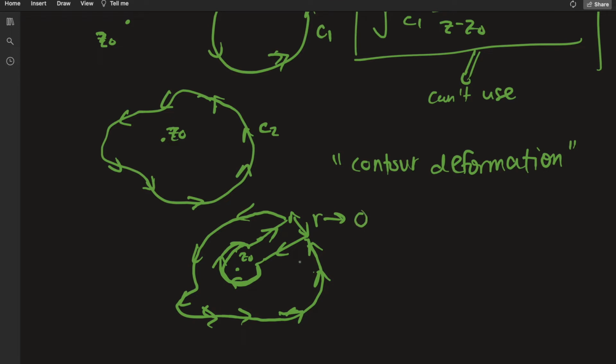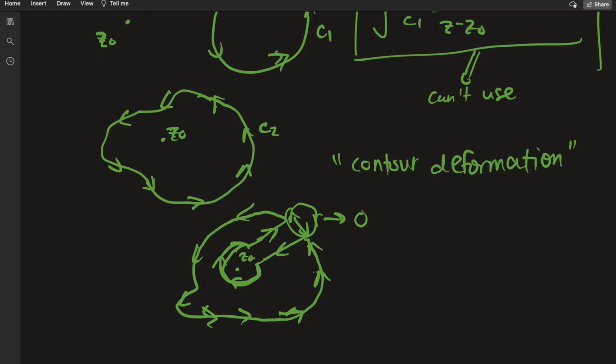That r goes to 0, so that when this gap actually goes to 0, you basically get the original contour back, because the contribution of this segment and this segment will cancel out, giving nothing, like no contour line there. If I make the distance between the outgoing and ingoing segments 0, you're going to get a complete circle.